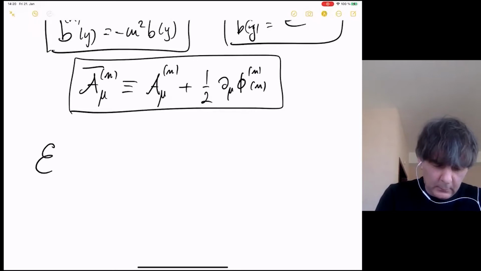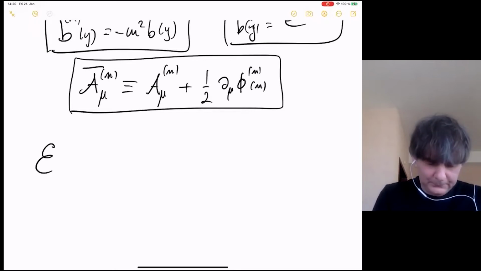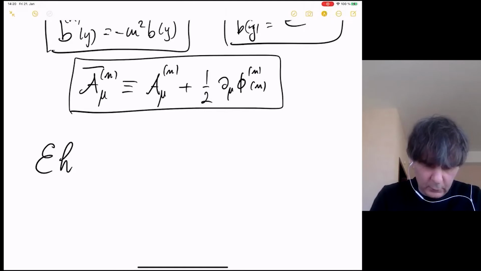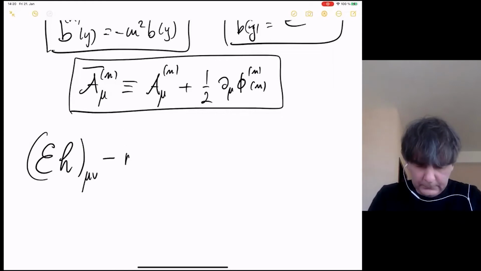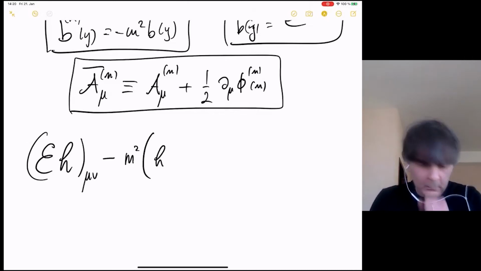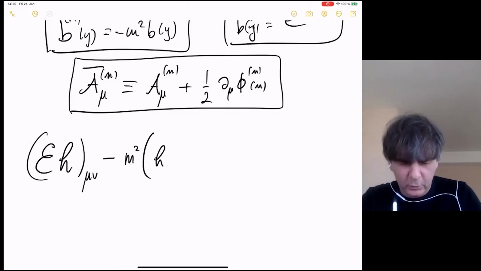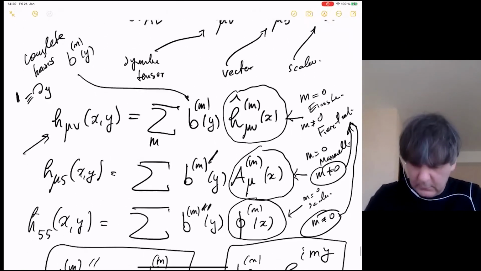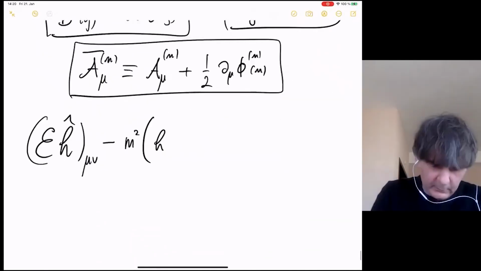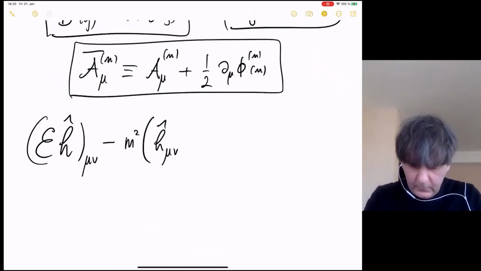So in other words, the equation will be like, okay, let's say the linearized equation for the graviton, and here we'll have the Pauli-Fierz mass term for h mu nu. I forgot, we denoted h mu nu with what? With the hat, right? Yeah, hat. So this will be h hat, Pauli-Fierz.